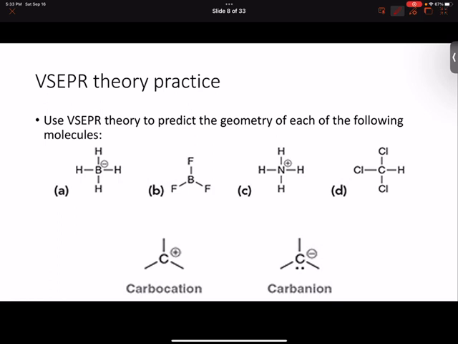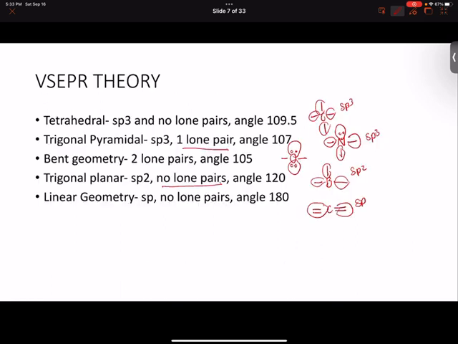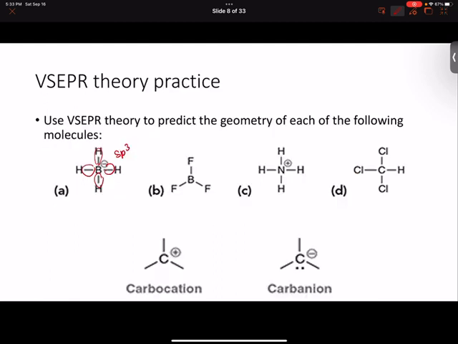So we're going to practice a little bit on how to predict that geometry for each molecule. So then let's look at A. So then we have 1, 2, 3, 4, is sp3, and it doesn't have any lone pairs. And if we go back, sp3, no lone pairs, we have a tetrahedral down there. And now this one we have 1, 2, 3.